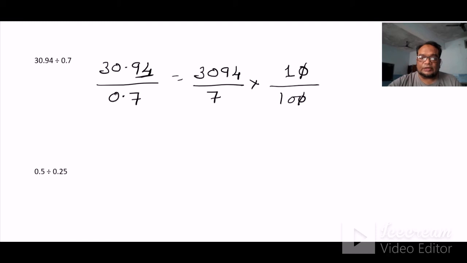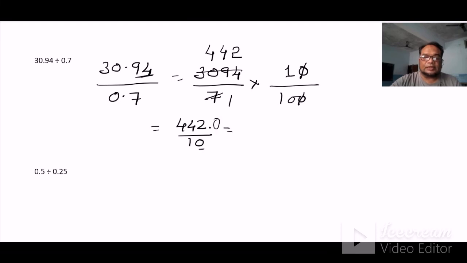This 0 and this 0 are cancelled. 7 ones are 7. 7 fours are 28. 7 fours are 28 and 7 sixes are 42. So 442 upon 10. Here is 10. So the decimal is shifted 1 digit to the left hand side. So the answer is 44.2.